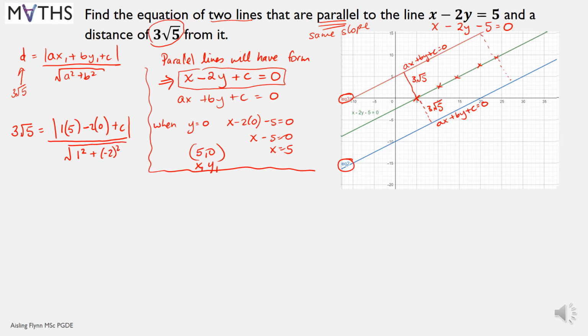Now what you see is not very tidy, but it is an equation. There's only one unknown, which is c, so we should be able to solve it.